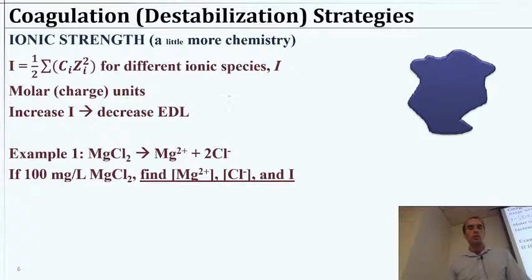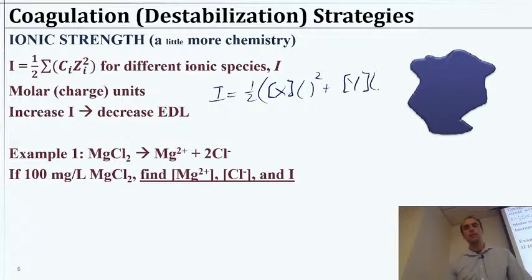So this would look like I equals 1/2 times x, the concentration of x, times its charge squared, plus y, the concentration of y times its charge, whatever it is, squared, and so on. It's very simple. The only thing you need to know is that you have to find this in molar units because we're counting the number of charges, right? So we need molar units, and we just need to know something about their charge.